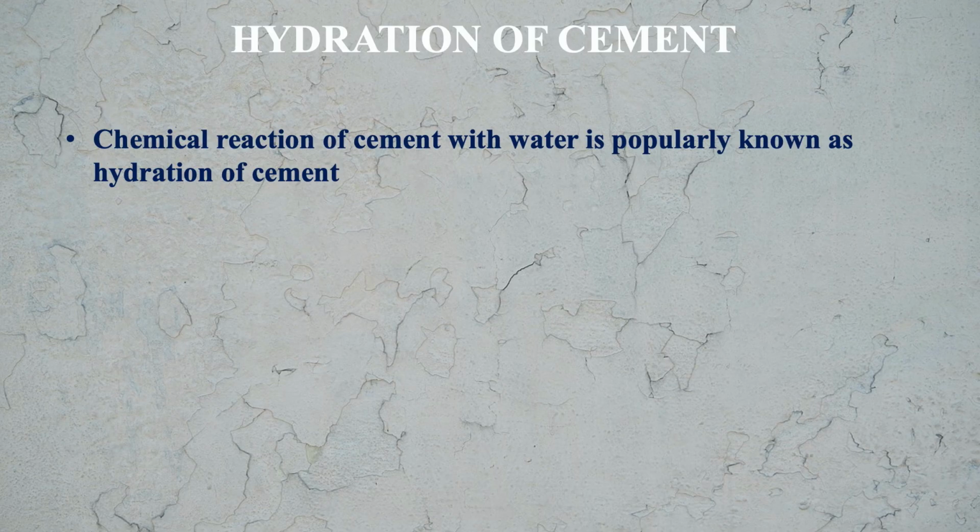So after discussing the quantity and quality of water, now let us discuss the hydration of cement. First, what is hydration? The chemical reaction of cement with water is popularly known as hydration of cement.